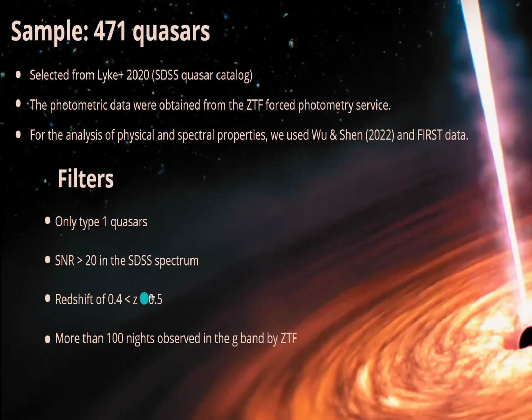In this redshift range, we can see for most of the objects the H beta and H alpha emission lines. And finally, to guarantee some reliability in variability, we used only objects with more than 100 observed nights in the ZTF g-band. After applying these filters, our sample was reduced to almost 500 quasars.